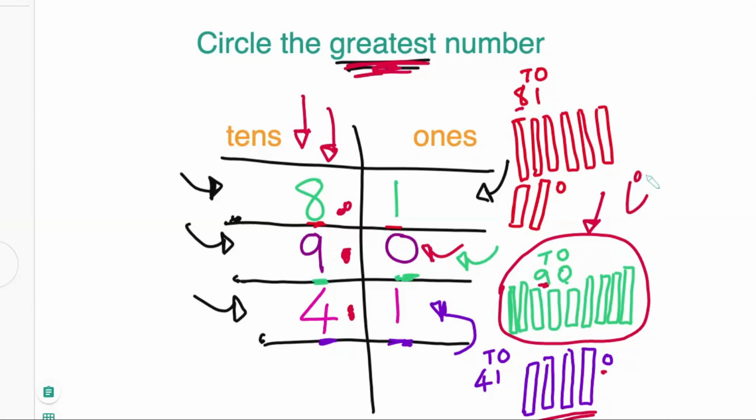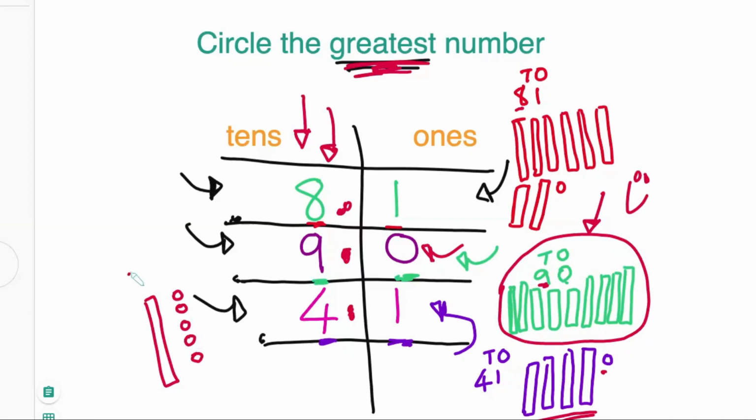Absolutely fantastic. And remember, if you need to, go back over the video and make some drawings yourself. How about on a piece of paper, you draw out some of your numbers in tens and ones. Use the long lines like this as your tens, and you can use the little circles to identify the ones.